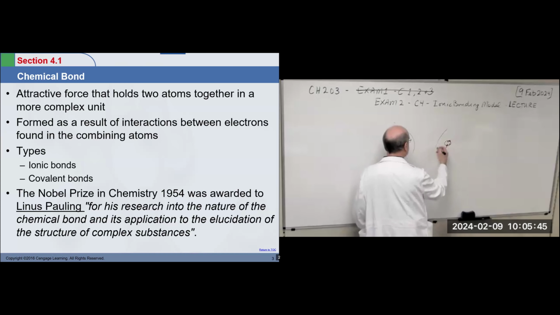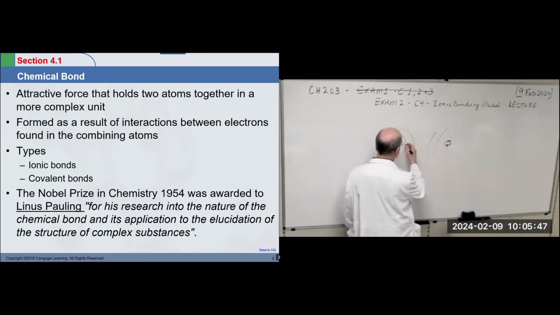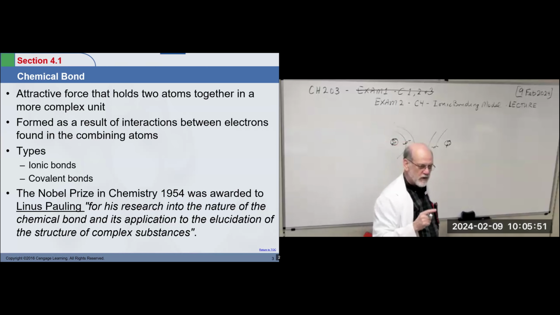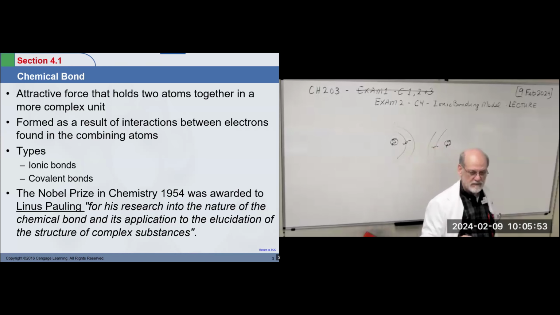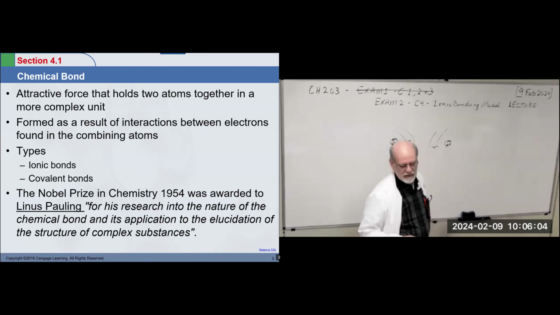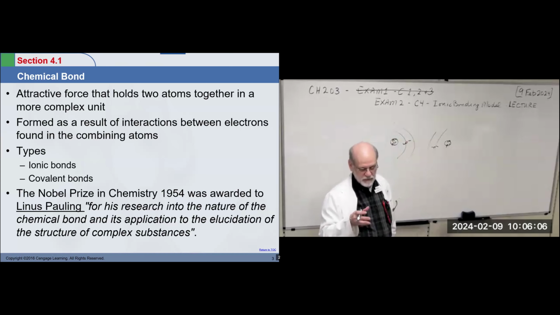And you got electrons out here, all around. When those two atoms approach each other, what do they see first? Electrons. The electrons and or the space that electrons occupy is what interacts to form the bond.